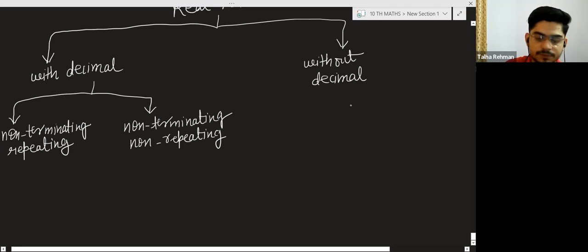The numbers without decimals are integers, like 5, 6, 7, 8. Sorry, not only integers, you can also say rational numbers.